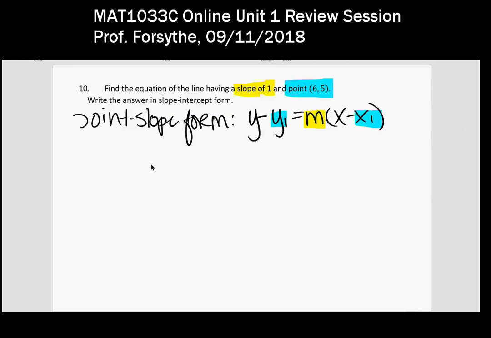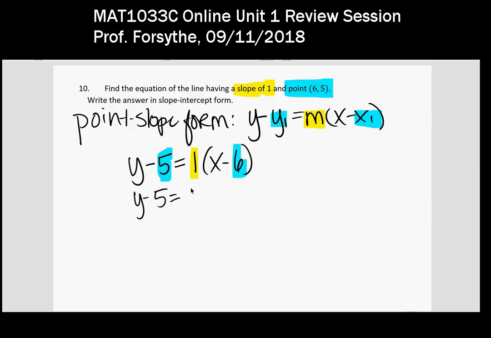So let's plug in the values. We're going to have y minus 5 equals the slope, 1, times x minus 6. We have our slope is 1 and the point was (6, 5). So y minus 5 equals 1 times x, which is x, and 1 times negative 6 is negative 6.